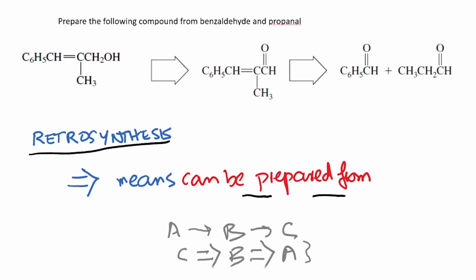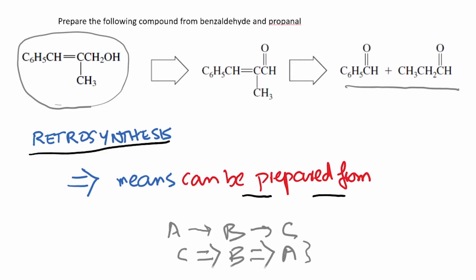So what they have asked you is to prepare this compound, and they've given you the starting materials. What we can suggest is that this combination of benzaldehyde and propanol, we already know, can potentially undergo the Aldol reaction to give you this kind of a product, which undergoes elimination to give you the olefin.